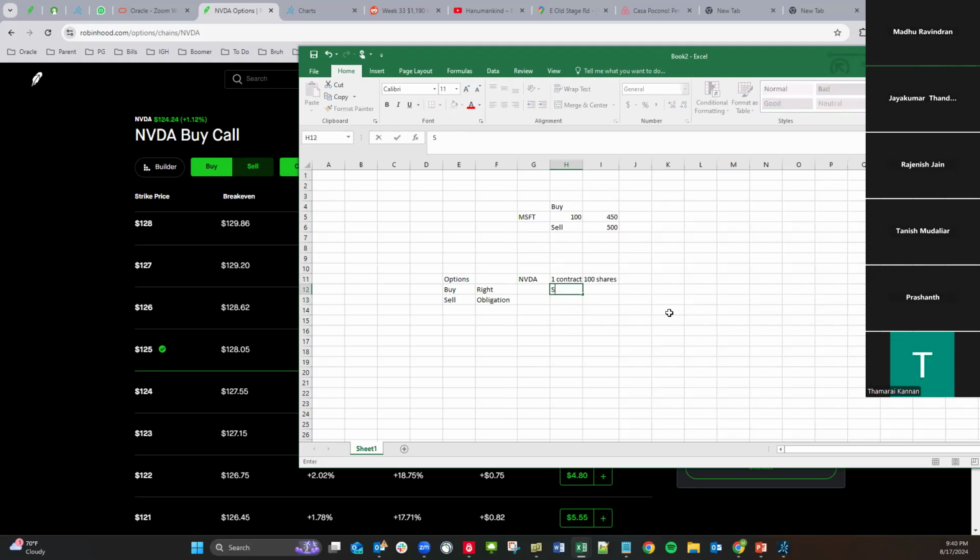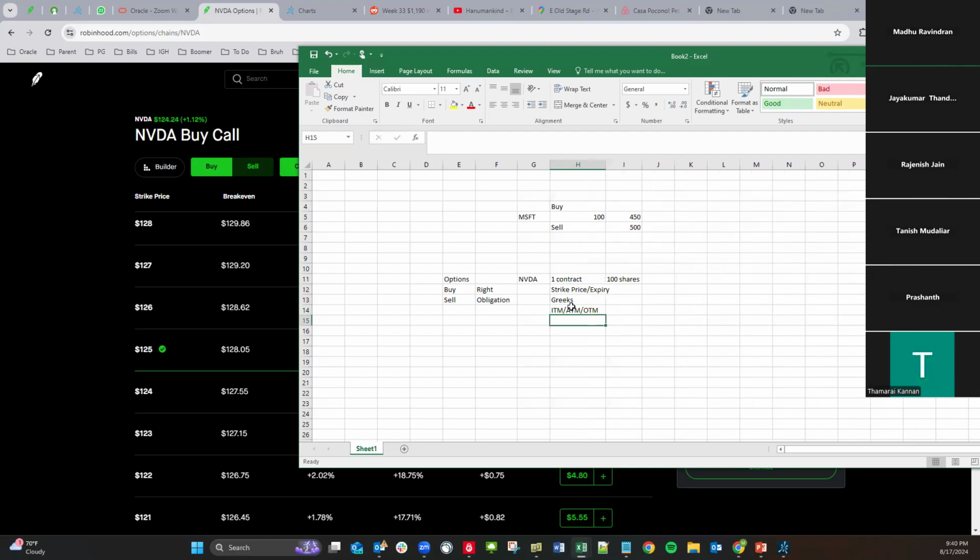Actually, before the Greeks is expiry, then Greeks. I think they should at least give the basic concept. And even before we get into Greeks, strike price, and in the money. And then calls and puts.